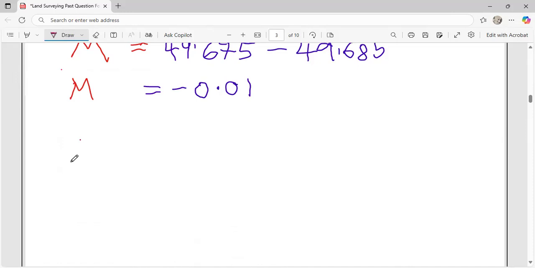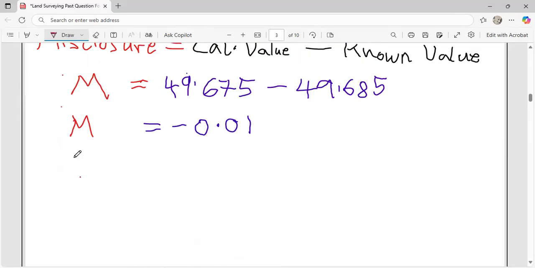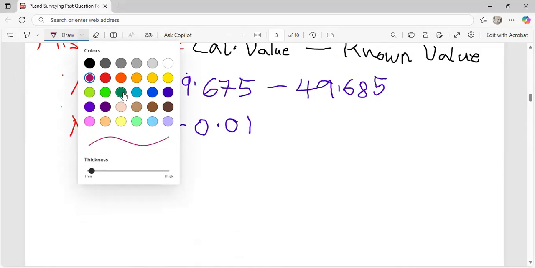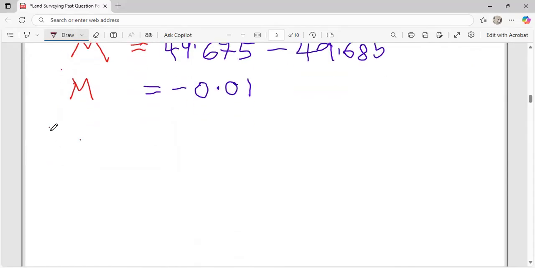Take note that after getting the misclosure, the misclosure is not what you are going to use to calculate your adjustment, but rather the allowable misclosure. And from previous learning, we said that our allowable misclosure is the opposite of the misclosure. So this is our allowable misclosure.